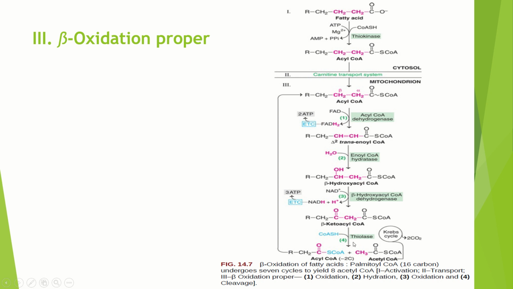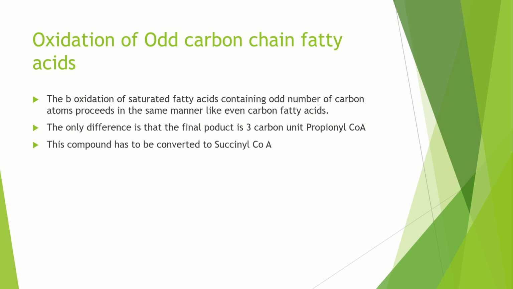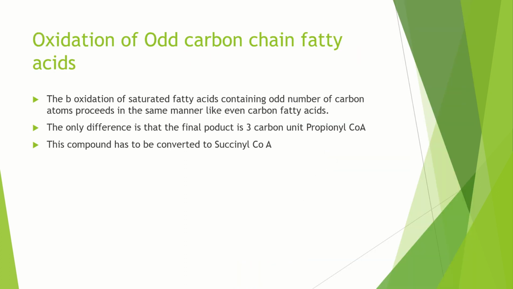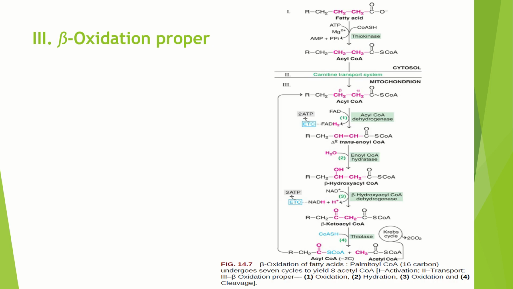Until the fatty acid gets completely oxidized, this acyl CoA will be oxidized through beta oxidation proper. In that way, the beta oxidation takes place. So, this is regarding oxidation of even carbon fatty acids.